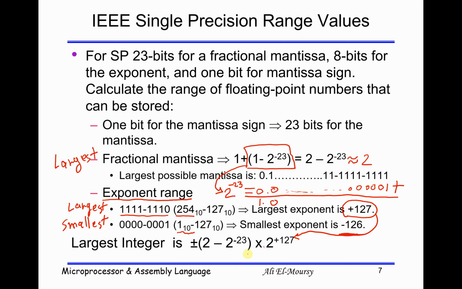So accordingly, the largest number, positive or negative, is almost 2 to the power 128. Okay, this is the largest number ever. Remember that for integers, the largest integer ever that we can get is 2 to the power 31. Here I can represent up to 2 to the power 128 because of the floating point representation.